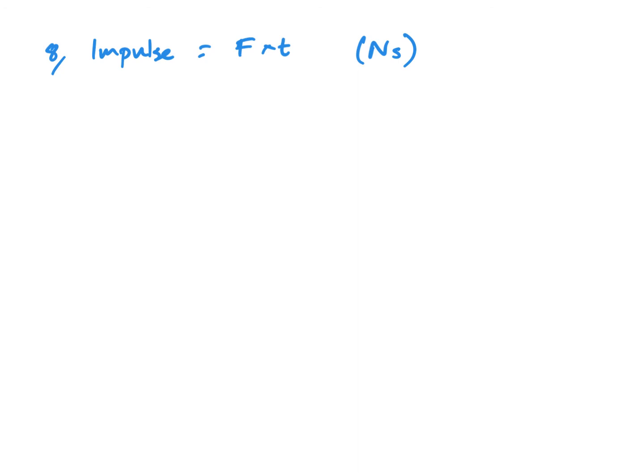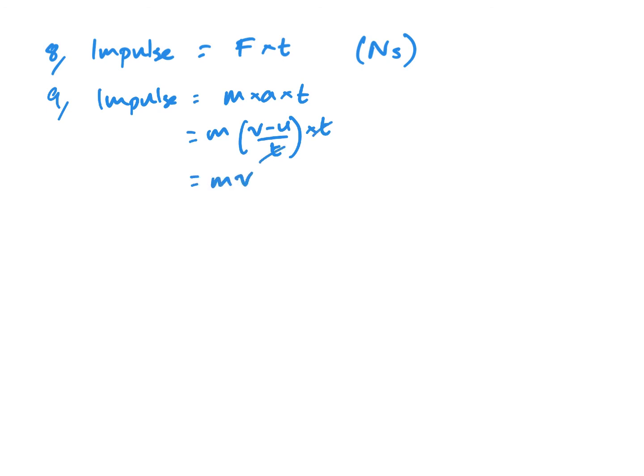If we apply F equals ma, then we can write impulse equals m times a times t, but a can be written as v minus u over t, and then the t's cancel out and you're left with mv minus mu, which is change in momentum.